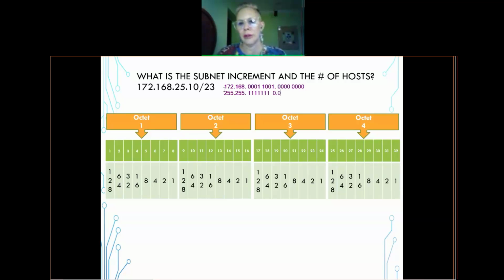Everything else, that's off. So I can tell that this is what is my network. That's my network. So that's how I come up with 172.168.24.0/23. Okay, so does everybody have that for their network?